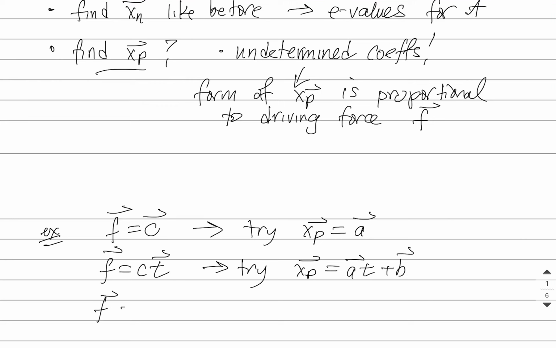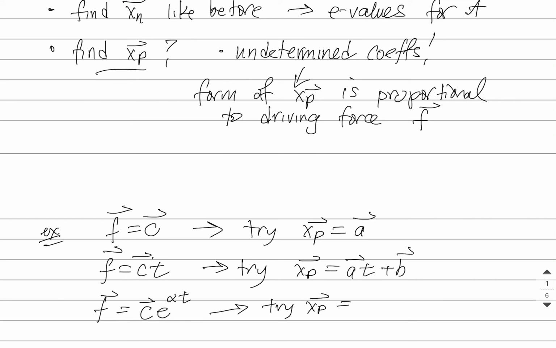For example, if we have a driving force that is exponential, where we have some constant vector, I should be careful here, that t is not the vector, it's a constant. If we have some constant vector e to the alpha t, we should try one of two things.